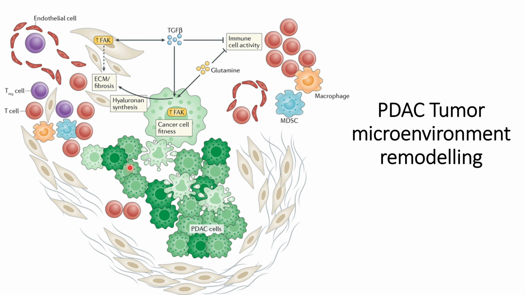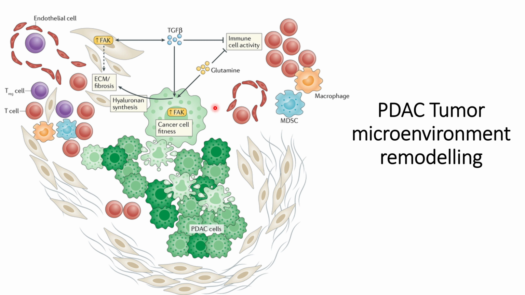So these will also be suppressed once the stroma gets disturbed, and the differentiation of the myeloids into M1 type macrophages will be more compared to the M2 type macrophages.